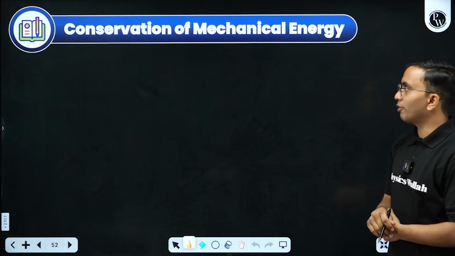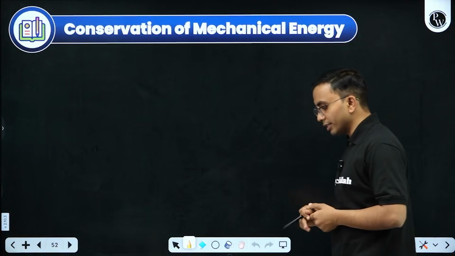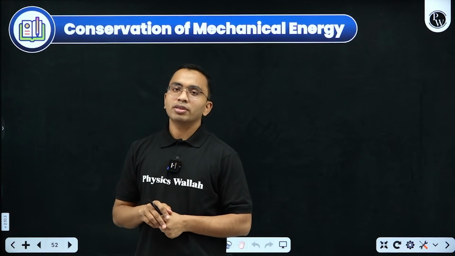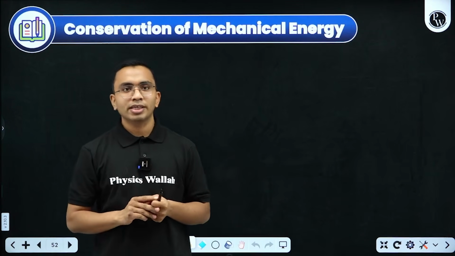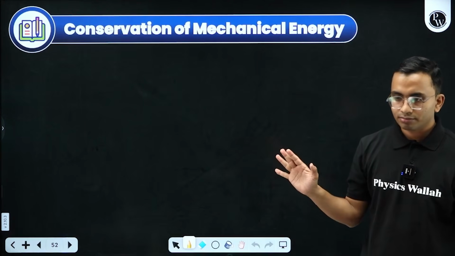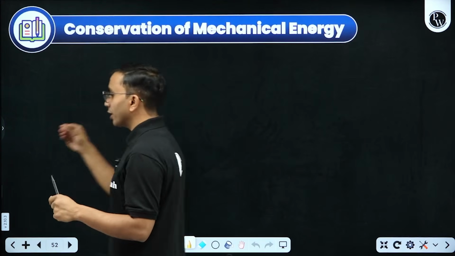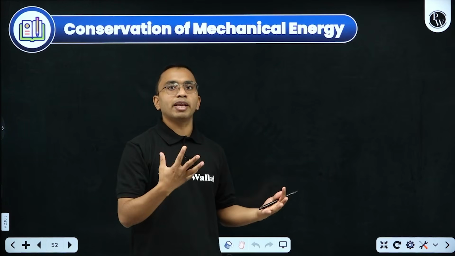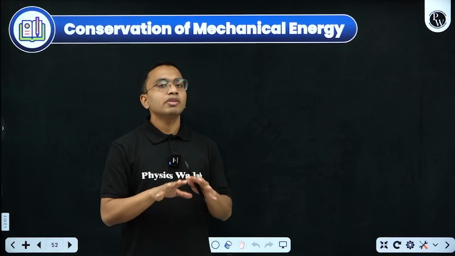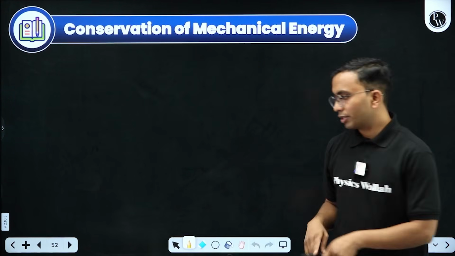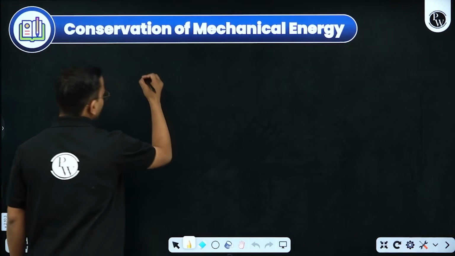Now let us discuss about conservation of mechanical energy. We discussed conservation of mechanical energy in work energy power chapter. So again the same point I will say, if only conservative forces are acting, total mechanical energy will be conserved. Okay, so if a particle or a mass is moving under gravitational force only due to another planet, or let us take due to earth, you will say the total mechanical energy will be conserved. Okay, so what is the total mechanical energy?